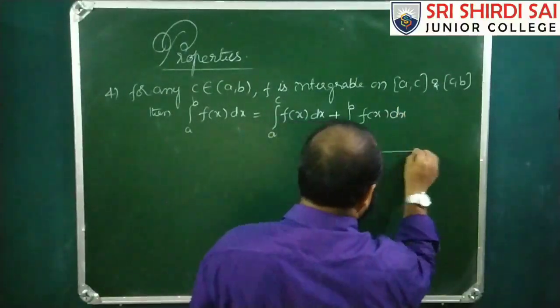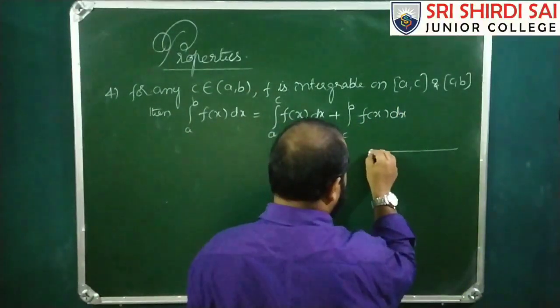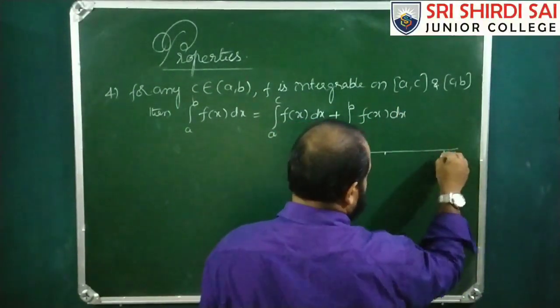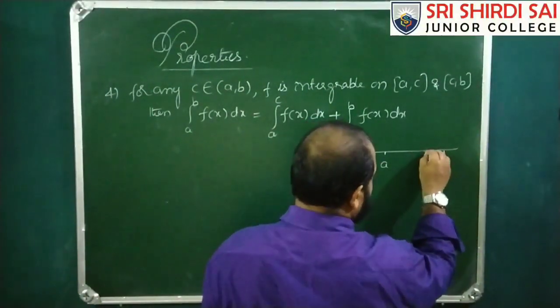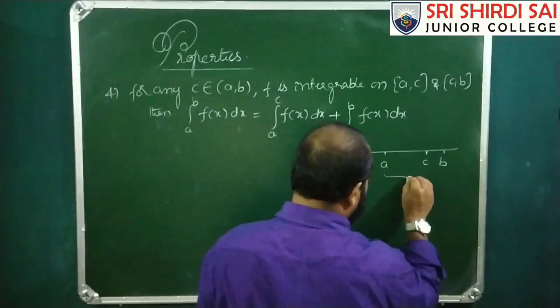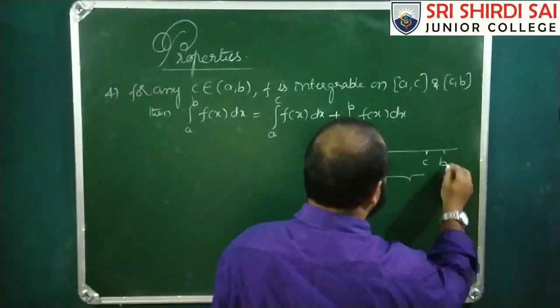So here this is a, b, and in between c is there, so a to c and c to b.